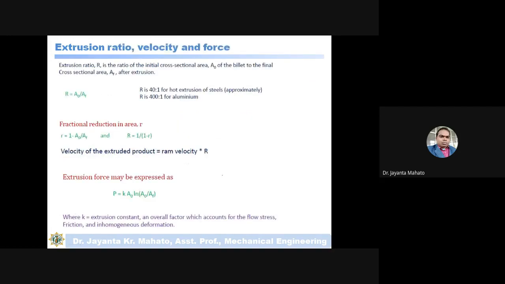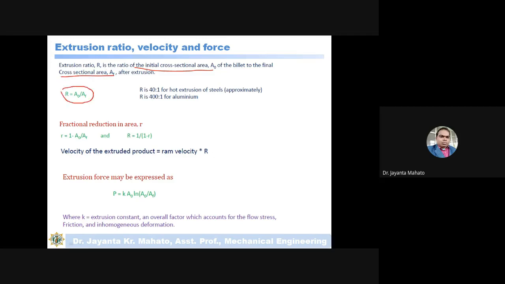So there is some mathematical terminology. One is the extrusion ratio. The extrusion ratio is nothing but the ratio of the initial cross-sectional area A naught of the billet to the final cross-sectional area A f of the extruded part.